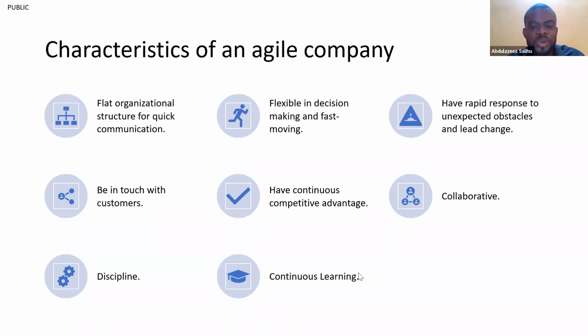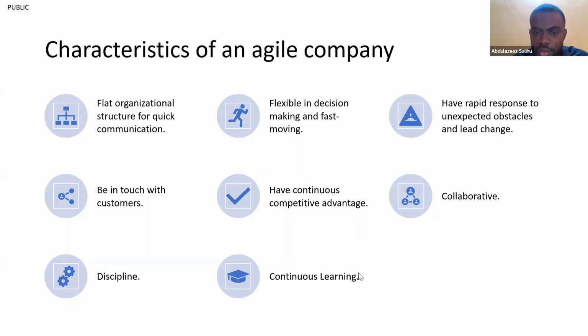As you all know, learning and delivering innovative solutions is the hallmark of any company that wants to survive in this century. So an Agile company has to be ready to learn on a continuous basis. You have to learn how to apply new technology stacks. You have to learn how to be creative. These are characteristics of an Agile company.